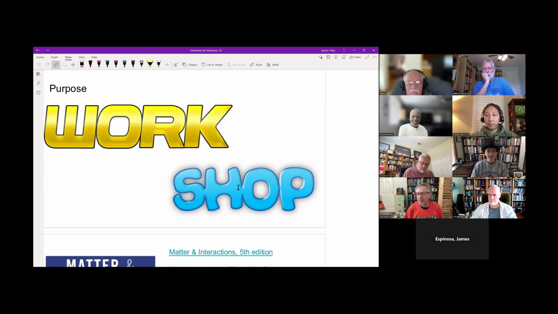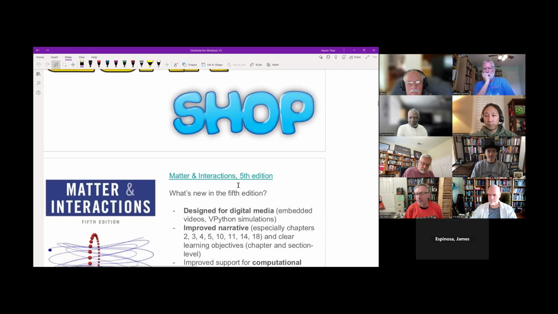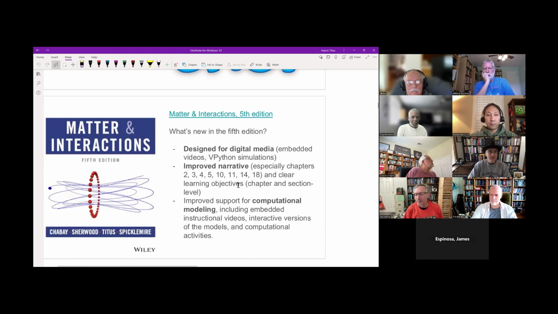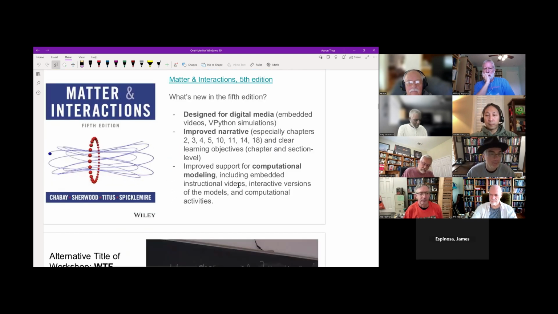And the fifth edition of the textbook is coming out in the next month. And so this is good news, Sam and Sue and others who are using Matter and Interactions. As soon as it comes out, and you may have gotten an email already from Wiley, if you're on their distribution list, you can order an evaluation copy.